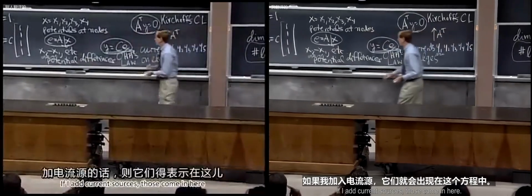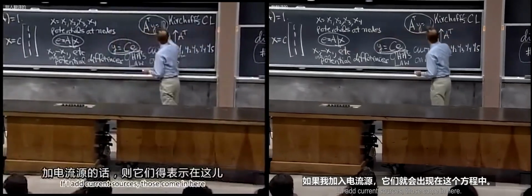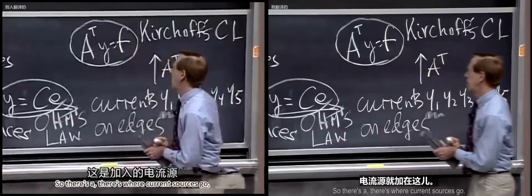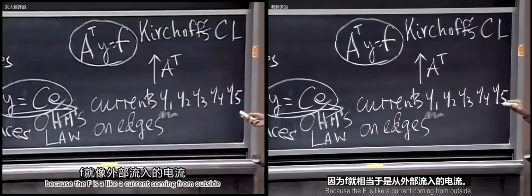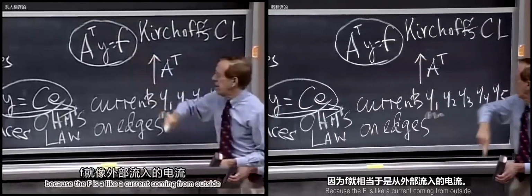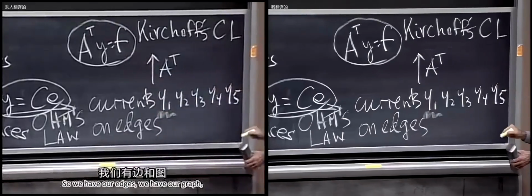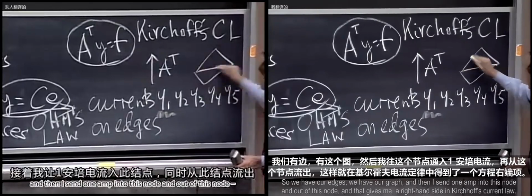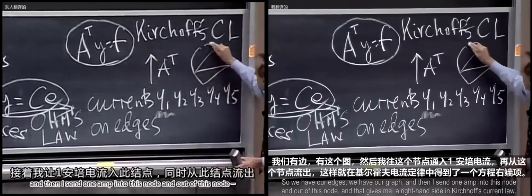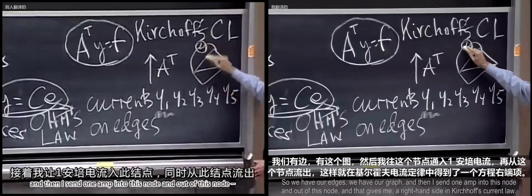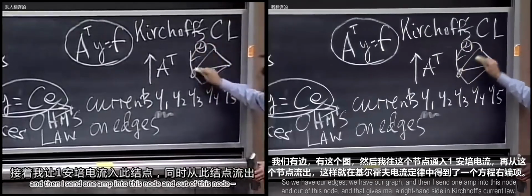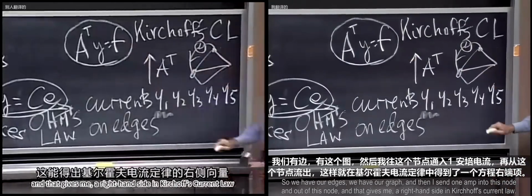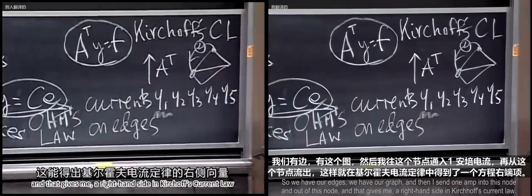If I add current sources, those come in here. So there's where current sources go, because the F is like a current coming from outside. So we have our edges, we have our graph, and then I send 1 amp into this node and out of this node, and that gives me a right-hand side in Kirchhoff's current law.